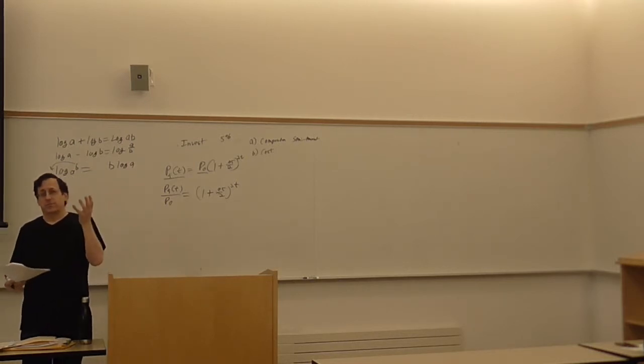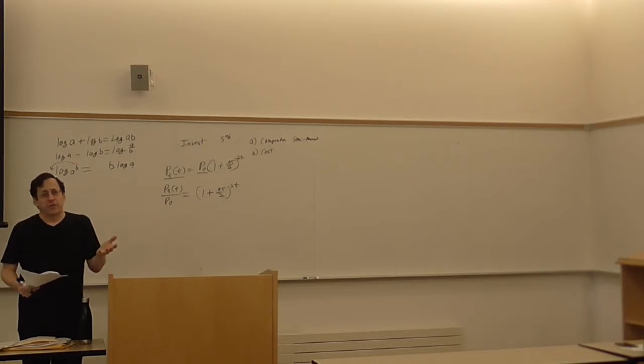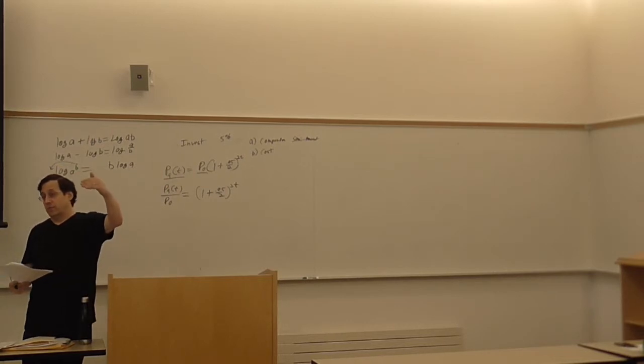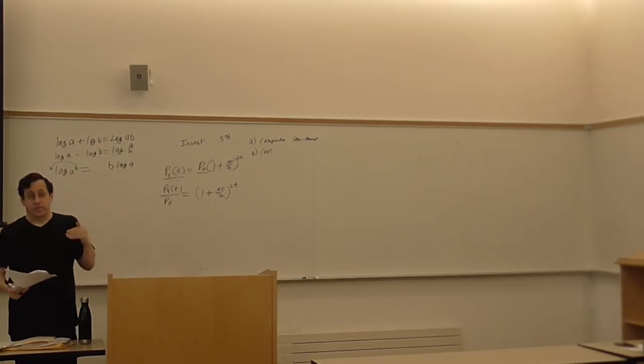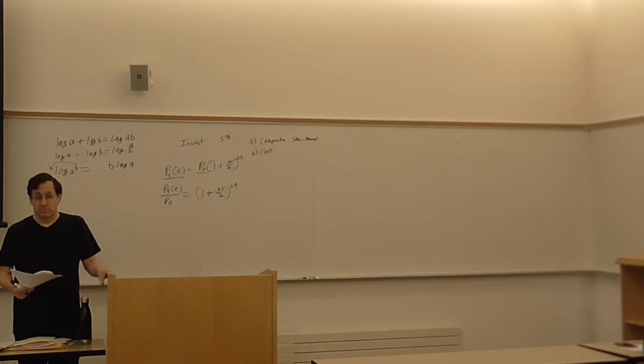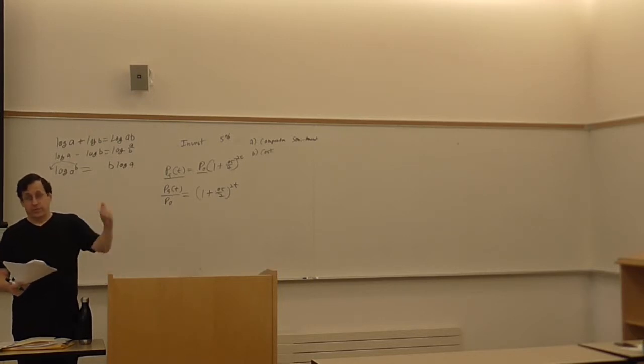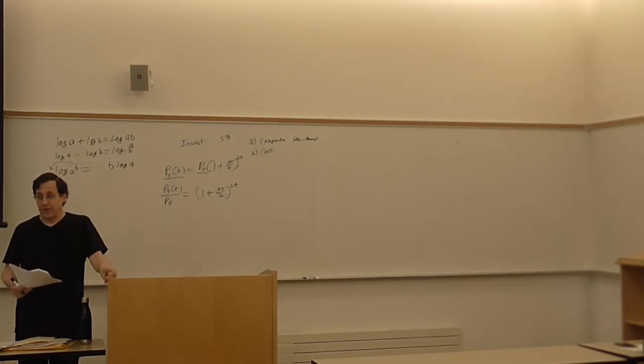I have $5,000. In the future, I want to double my money, $10,000. What's the ratio of 10,000 to 5,000? What is 10,000 divided by 5,000?